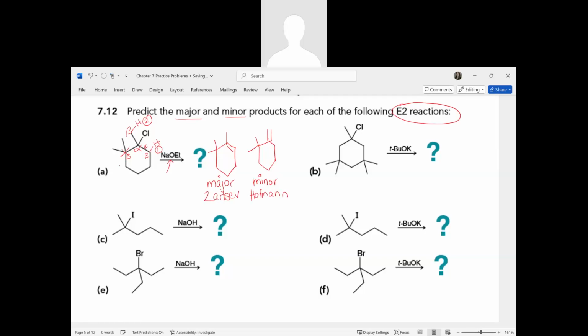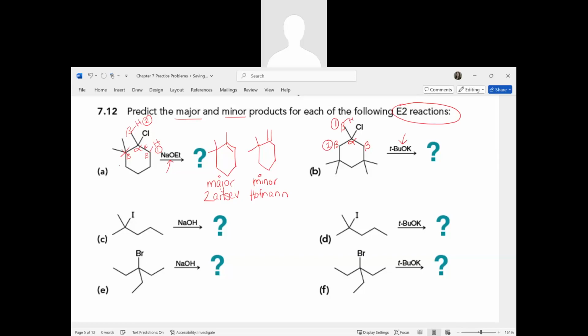Let's take a look at a similar substrate, and now we have a bulky base being used. Once again, we identify our alpha carbon and then any beta carbons. We see we have 2 unique sites where protons are available to be deprotonated. We have site number 1 here, and then we have 2 of the same beta carbons below.